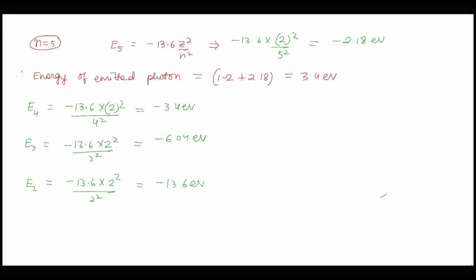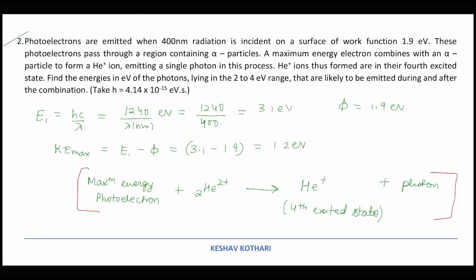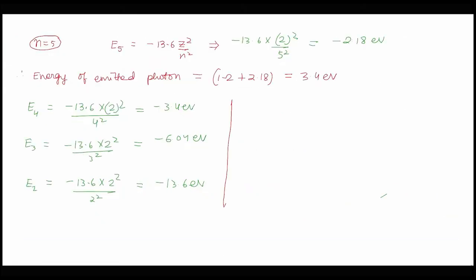Now there are possible transitions which can take place. We are calculating the energy corresponding to the possible transitions. We are asked for the transitions lying in the 2 to 4 electron volt range. That is the reason why we are not calculating energy corresponding to the ground state, n equal to 1. The first possible transition is from n equal to 5 to n equal to 4.